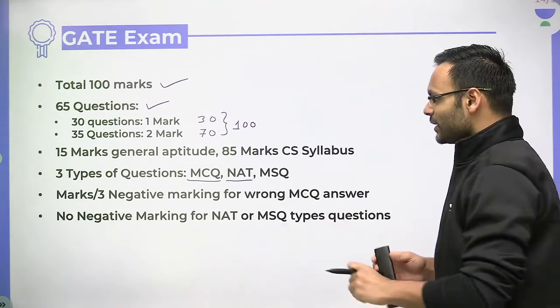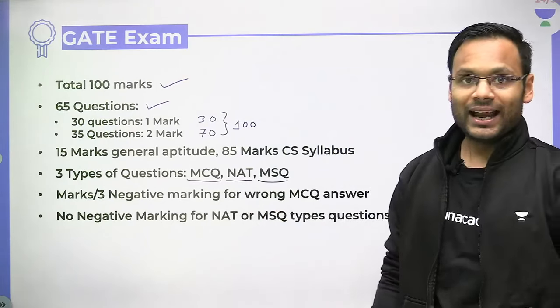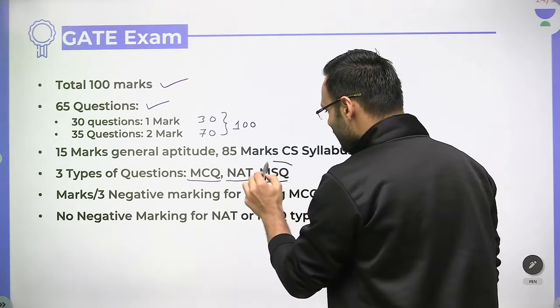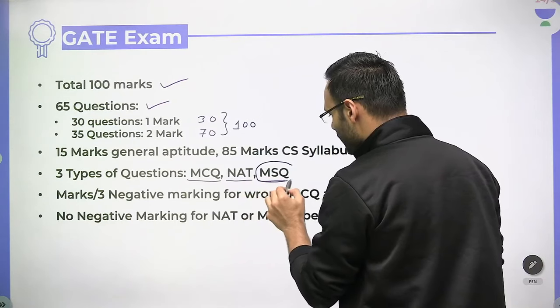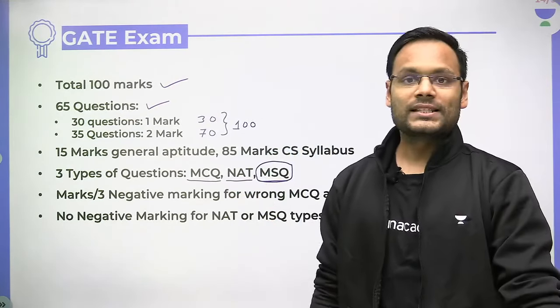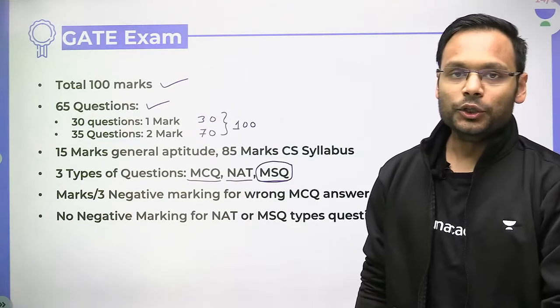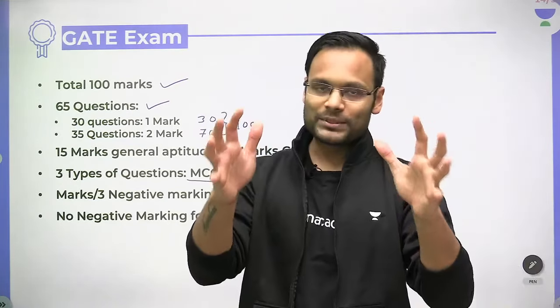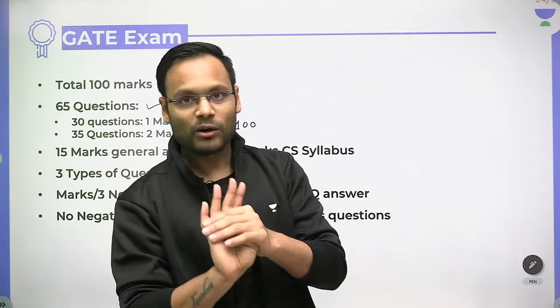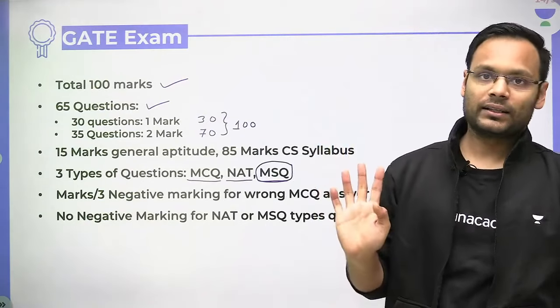Then we have the MSQ type question. Only in the last 2 years have they been asking this kind of question, and these questions are increasing the toughness of your GATE paper to the next level. Multiple select question means you have one objective type question with 4 options given, but among the 4 options, one or more than one can be correct.